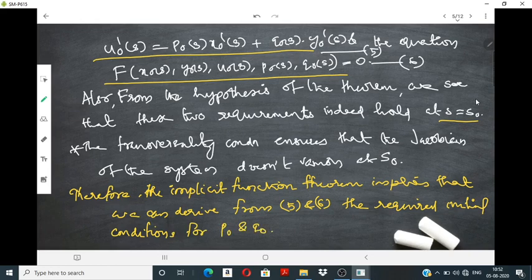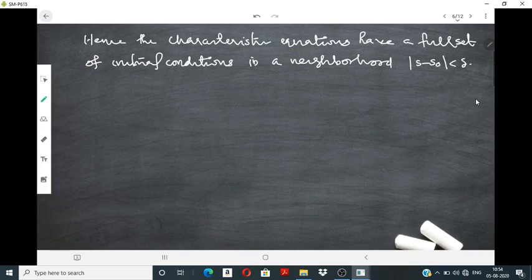Okay. Hence, for the characteristic equations we now have a full set of initial conditions in a neighborhood |s - s naught| < delta. So the system of 5 ODEs, the characteristic equations, is now well posed.